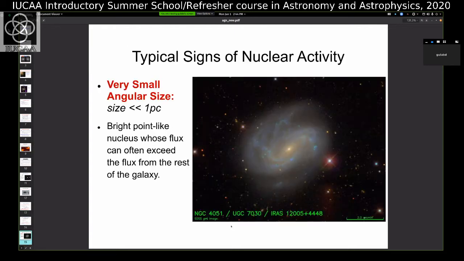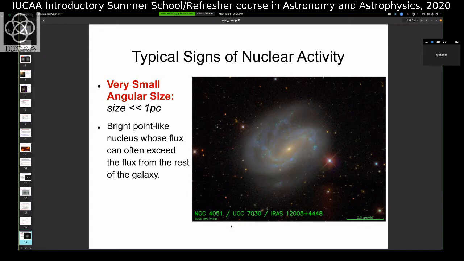So what are the typical signatures of nuclear activity? I have mentioned a few. Let me tell you more observational characteristics of these active galactic nuclei. They are very small in angular size, as I mentioned. They are the nuclei, and these nuclei are star-like objects. So the size of these AGNs is very small.